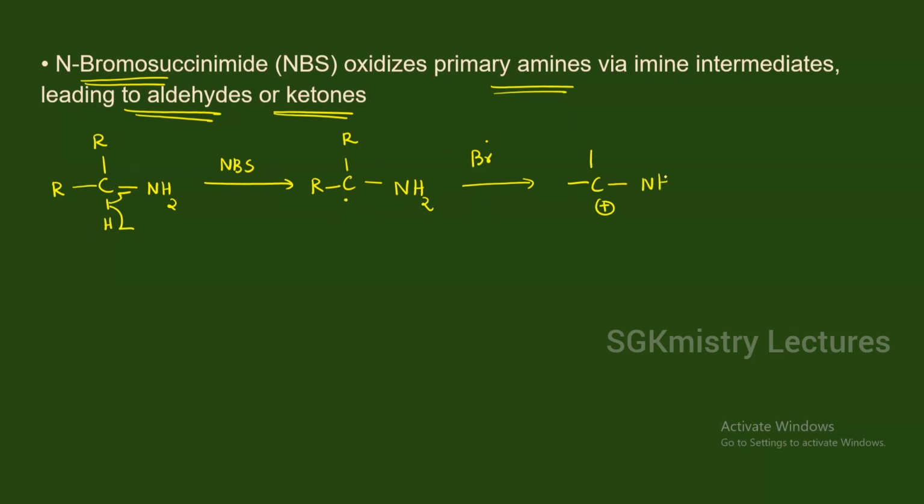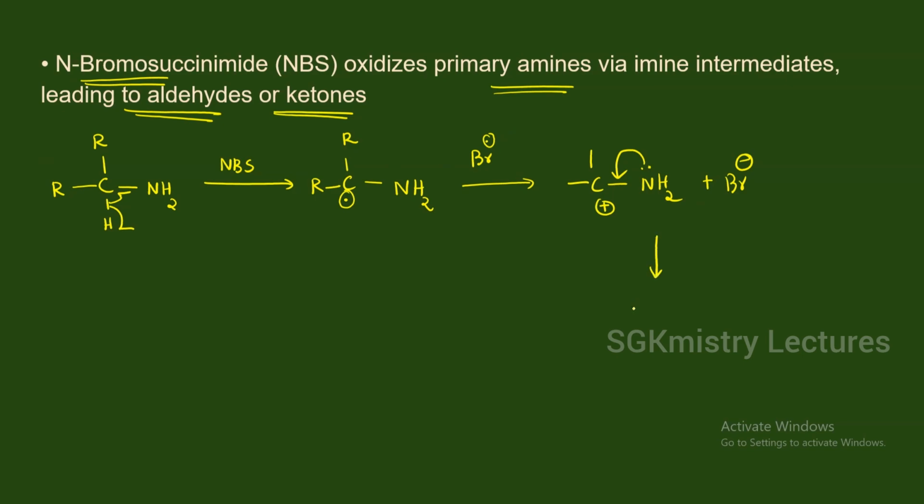Now this NH2 remains as such. Because here one electron is lost from carbon, this lone pair of electrons can shift here to neutralize the charge on carbon. Along with that, you have Br minus, because this electron and one electron of the bromo free radical combine to form Br minus.